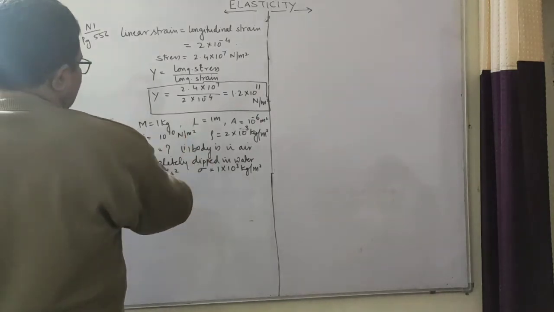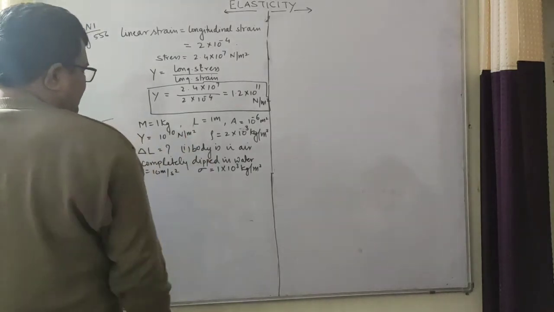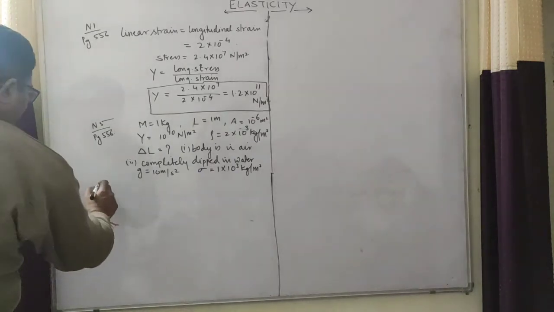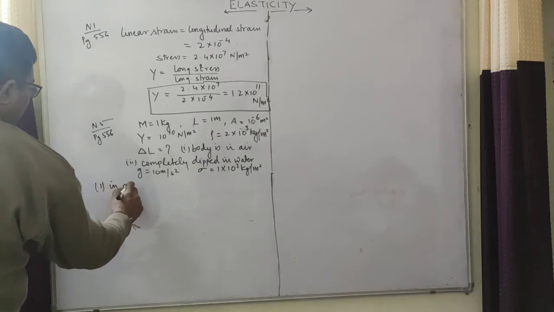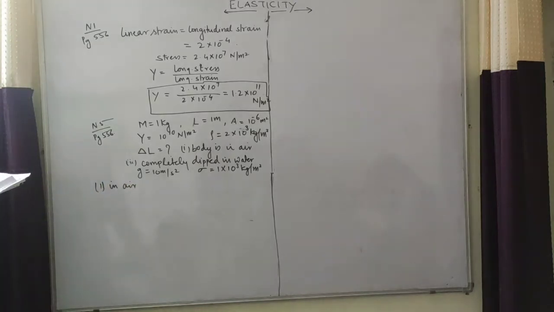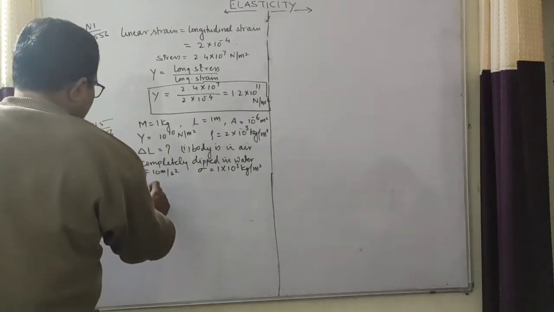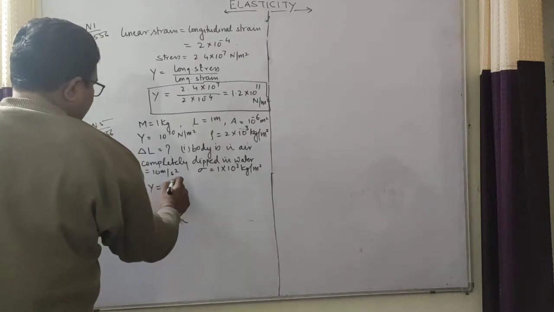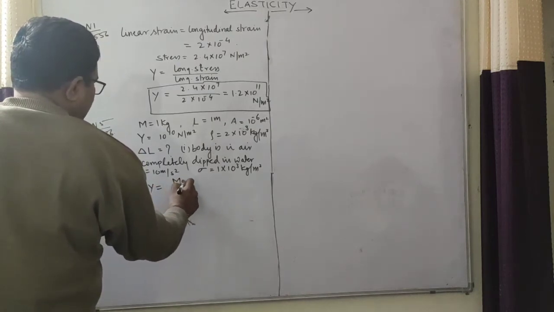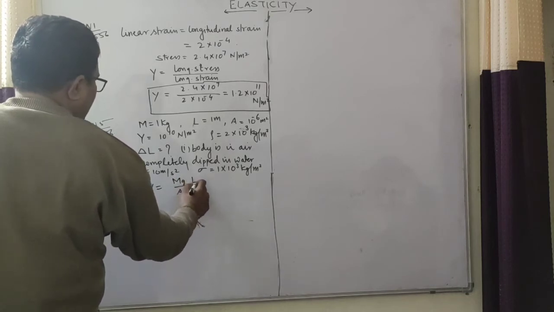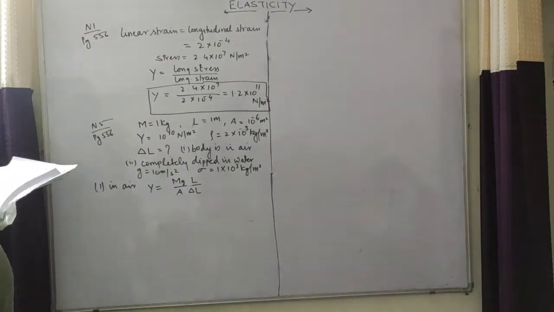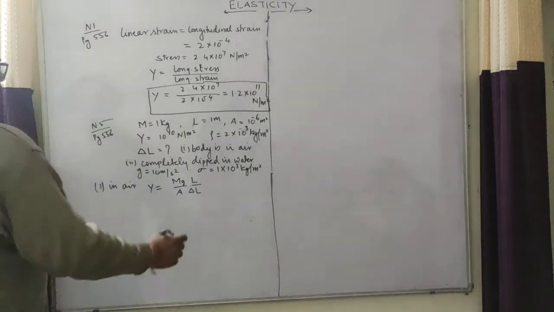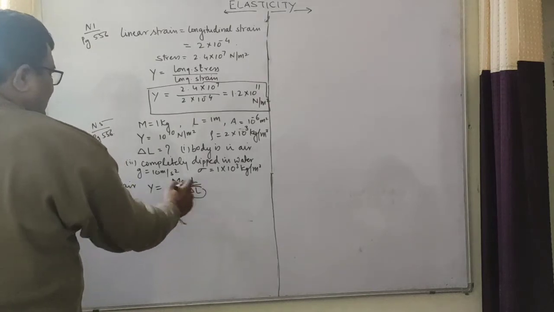Strain is delta L upon L, you need to find delta L. So for the first case, that is in air, Young's modulus is mg by A upon delta L by L. Longitudinal stress upon longitudinal strain, you need to find delta L in this case.